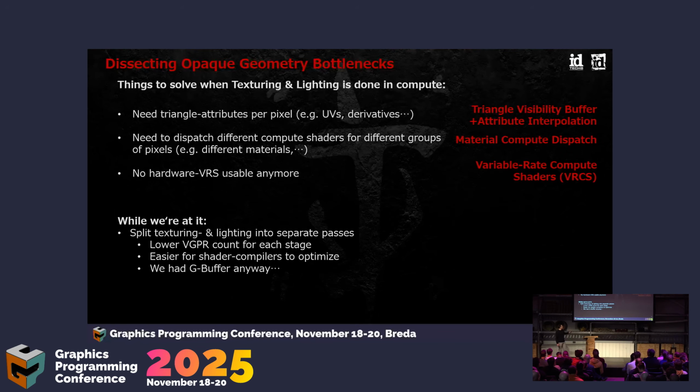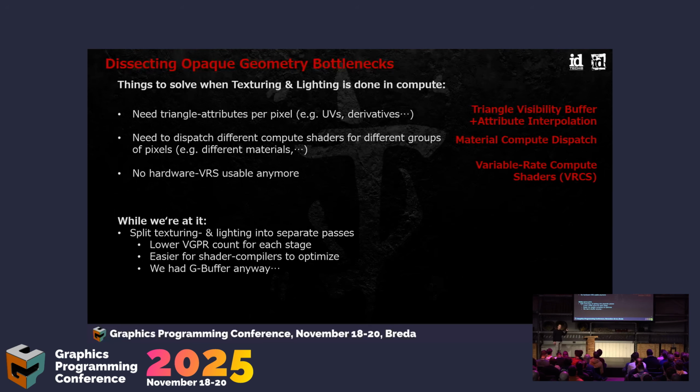And on top of that, while we're at it, we might still also look into this monolithic texturing lighting shader, which had grown to this monster, basically, and try to separate that into a proper deferred rendering setup with deferred texturing and deferred lighting in their separate passes, with the hope that each of these passes could get away with a lower VGPR count, making it easier for shader compilers to optimize for.